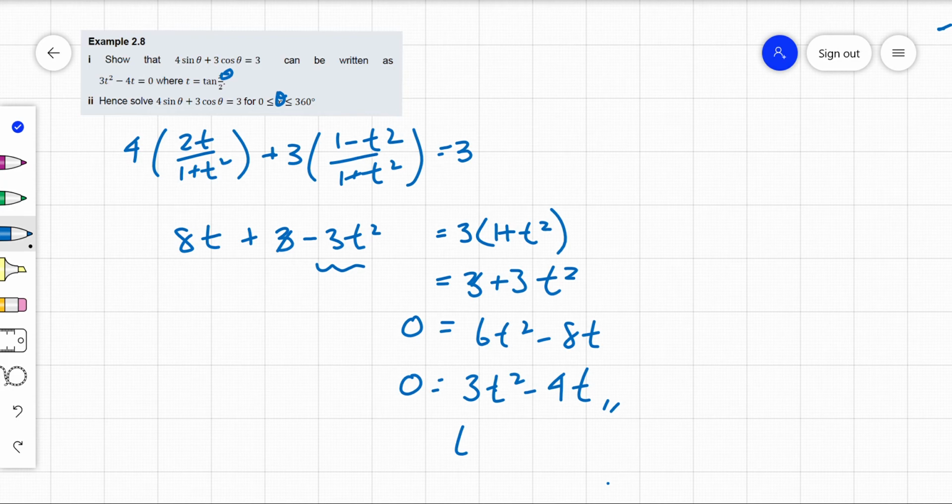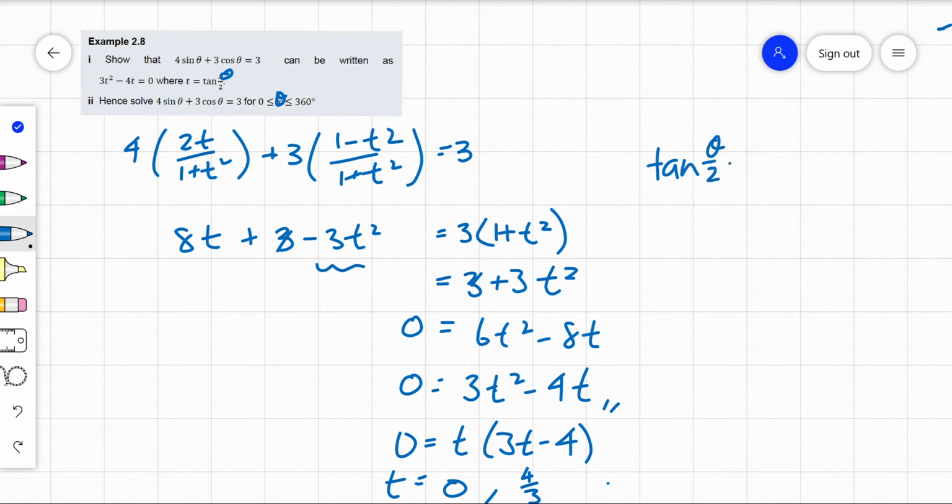So we can always do a little factorization, and we're going to get t equals 0, or we're going to get 4/3. Alright, so let's go to our tan theta on 2. So if it equals 0, and then let's also do tan theta on 2 equals 4 on 3.